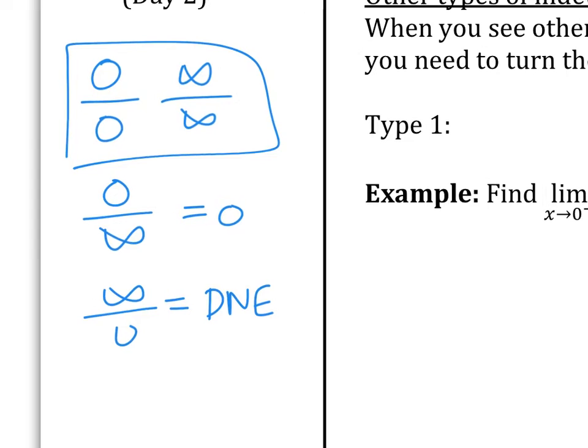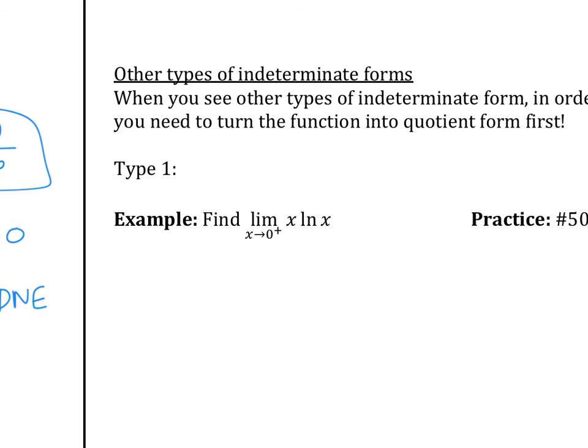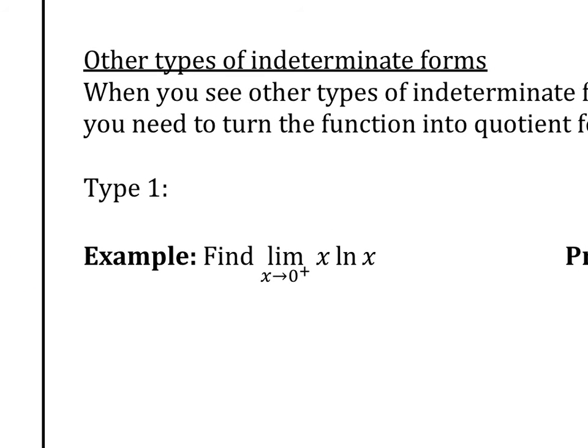All right, now we are going to look at other types of indeterminate form besides the ones that we just learned, 0 over 0, infinity over infinity. The first type that is kind of strange is 0 times infinity or 0 times negative infinity.